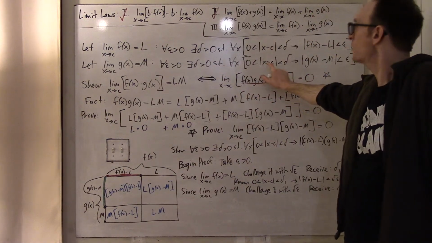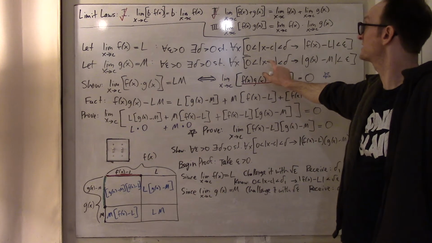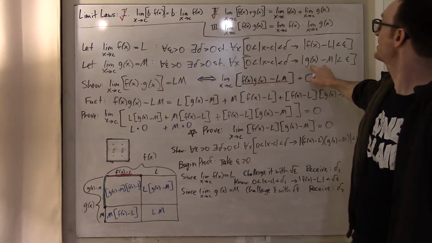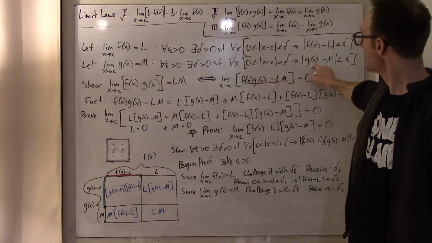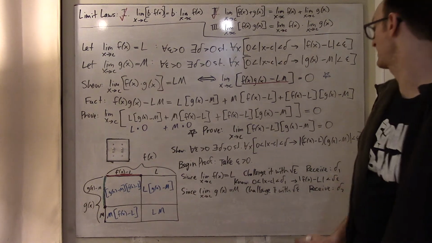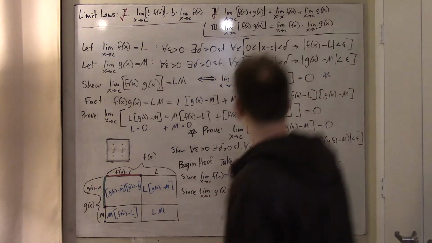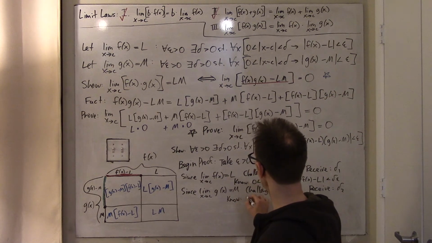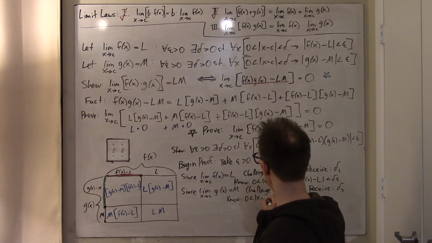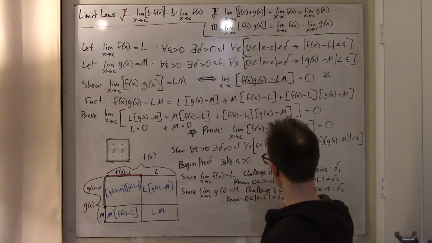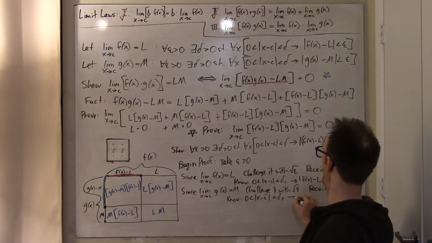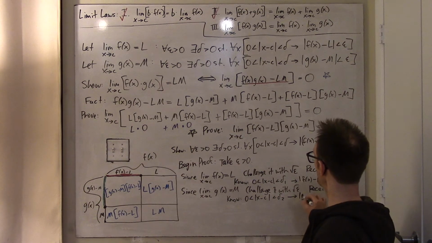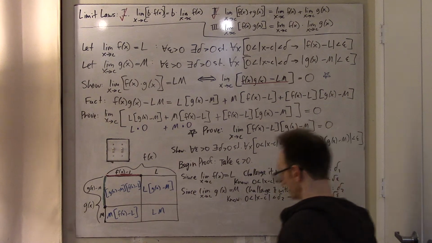Delta 2 is how close I have to get to c such that the gap between g and m is less than the square root of epsilon. So if I stay pretty close to c, specifically within delta 2, then the gap between g of x and m is less than the square root of epsilon.